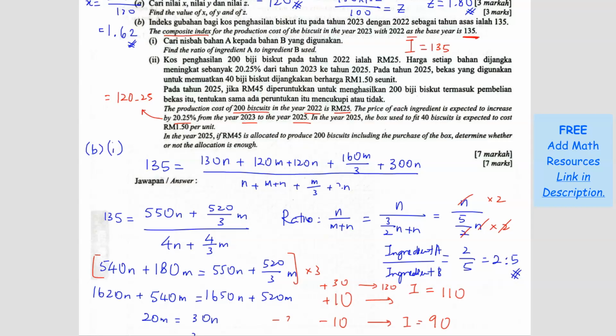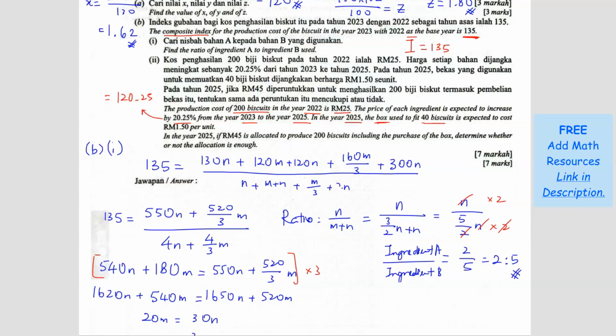If you're reducing 30%, then your price index is 70, because from 100 reduce 30, you're left with 70. I hope you understand this. That's how I got the 120.25. So I know the price index here is 120.25.